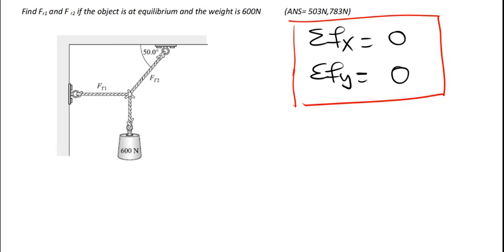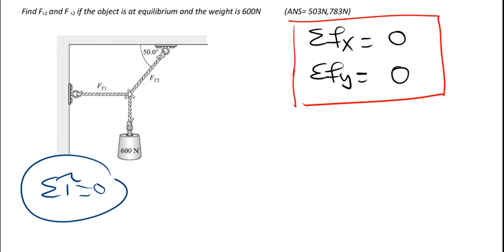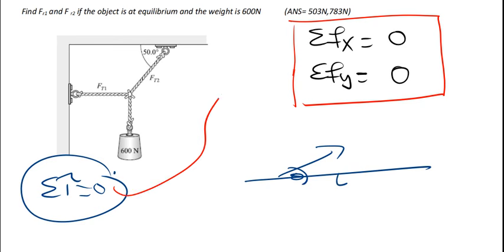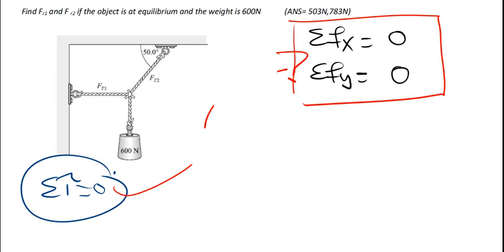If you have a problem where you have been given only the distances and no angle, we only use the summation of all the torque. If you have a static equilibrium problem which involves an angle and, at the same time, a distance, you use the combination of the torque and the forces. But for now, we only focus on two things.